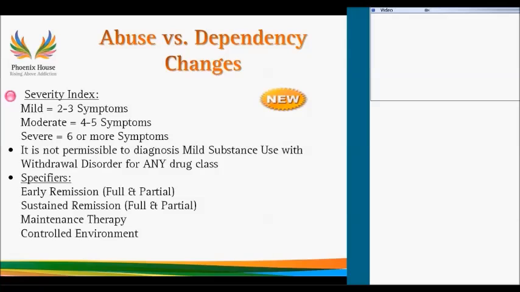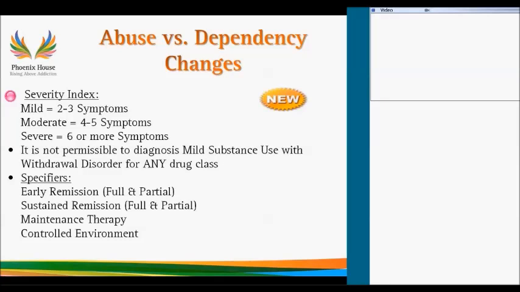And as far as in practice, I think that really comes from how we document it. So depending on what your documentation currently looks like, for example, does Phoenix House have a standard documentation that's used across all settings, or does it vary from program? Okay, so it varies. Depending on the type of patient or clients that you're treating, this may or may not already be applicable.